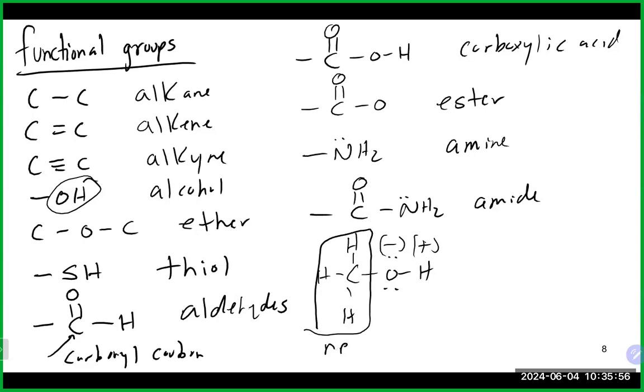But because it has this OH group, when it gets near something like water, which also has basically the same bond, it is able to do a little bit of hydrogen bonding with the water, and it actually will become soluble in water because they're able to interact through the same type of intermolecular forces. You might remember the idea of like dissolves like.